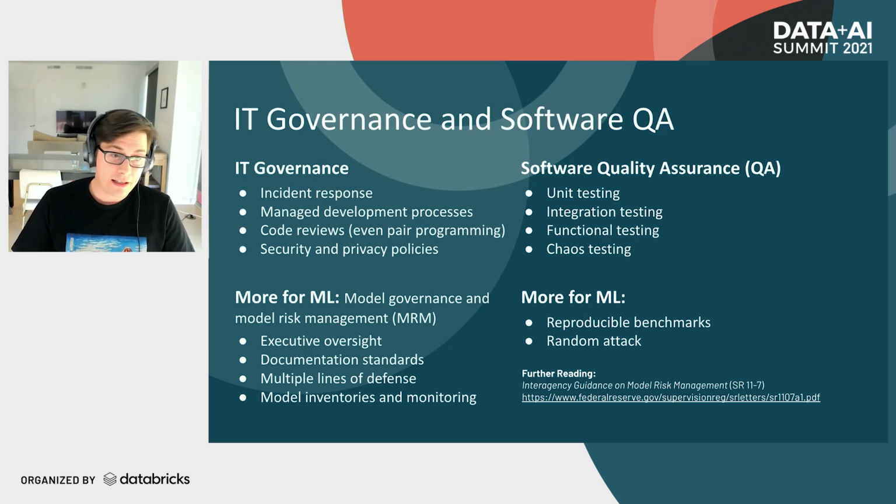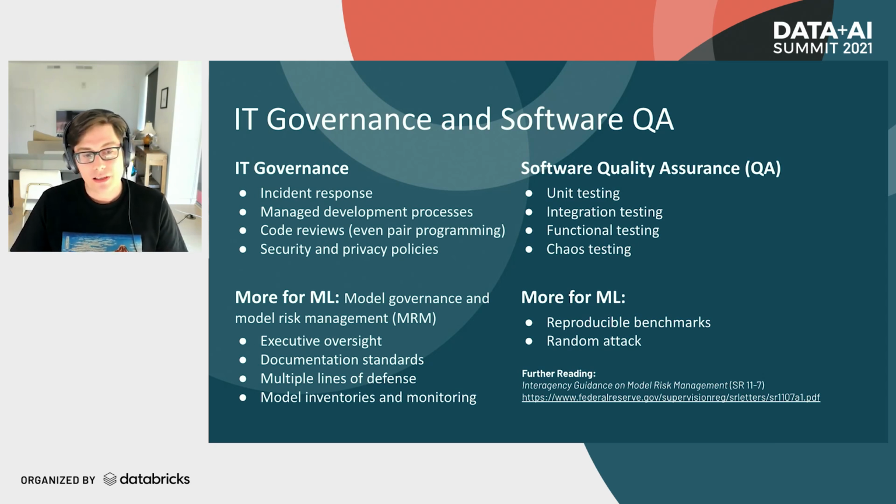We know about things like incident response plans. We know how to manage development processes. We know about things like code reviews and pair programming. We have, for the most part, somewhat decent security and privacy policies at many organizations. And so the key is to take that stuff and make sure that it's applied to your AI and ML development efforts. So that's part of the equation.